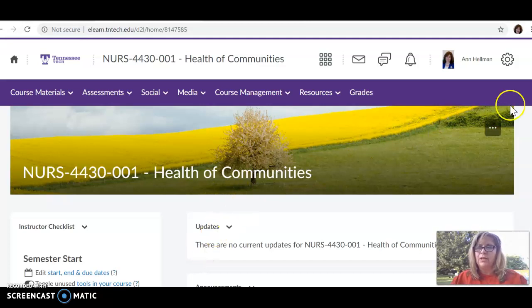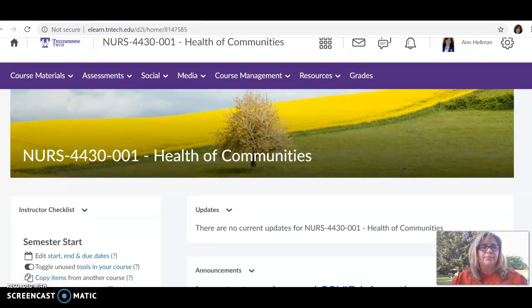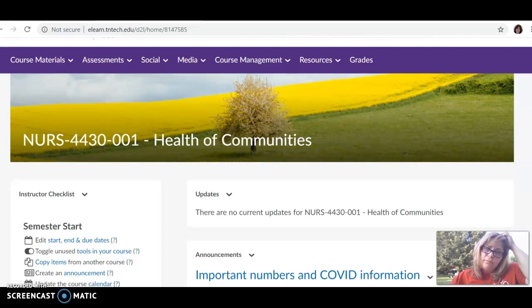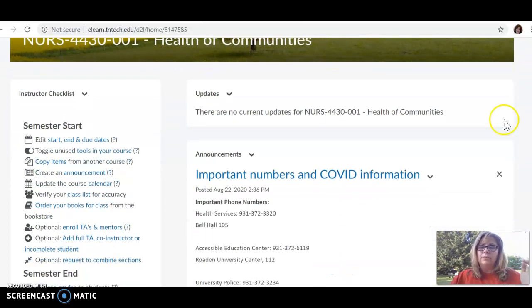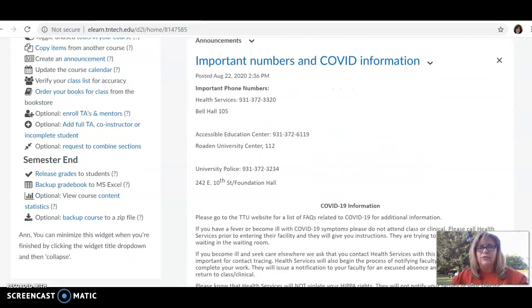And so you are seeing my screen exactly as it appears for me. I'm doing this on Sunday afternoon. There's still going to be a few changes. But I wanted to try to get these up and going for you so you can have access to them first thing Monday. So first of all, you're going to see this first announcement in both of your courses, 4430 and 4431.